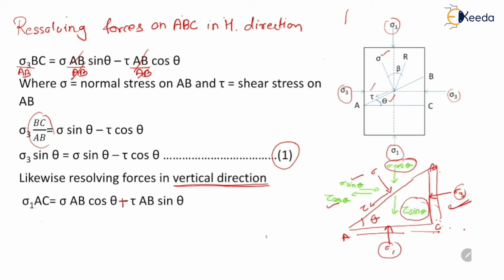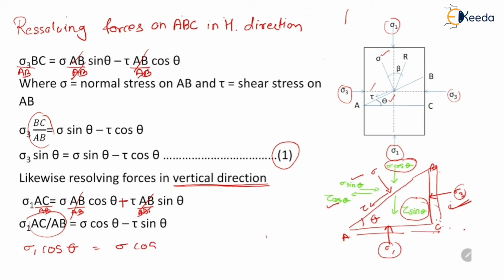So if we divide the equation by AB, these two will get cancelled and the equation will become sigma 1 into AC divided by AB equal to sigma cos theta plus tau sin theta. This AC upon AB can be written as cos theta. So our equation will be sigma 1 cos theta equal to sigma cos theta plus tau sin theta. So this will be our equation number 2.